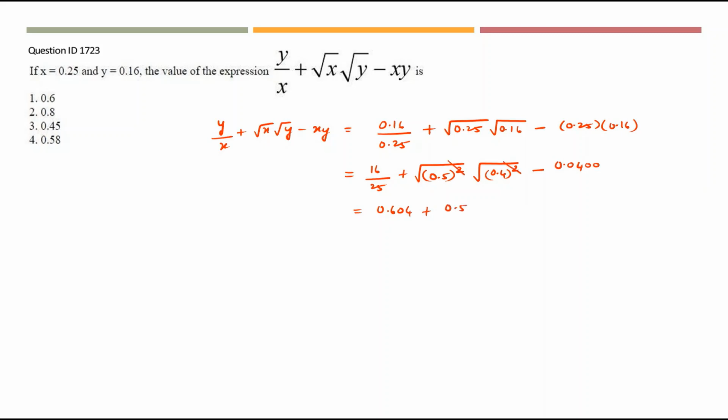This is 0.5 into 0.4 minus 0.04. So here it is 0.64 plus 0.2 minus 0.04. First let's add. This will be 0.84 minus 0.04. Finally, we'll get the value of 0.8. Option number 2, 0.8 will be the right answer.